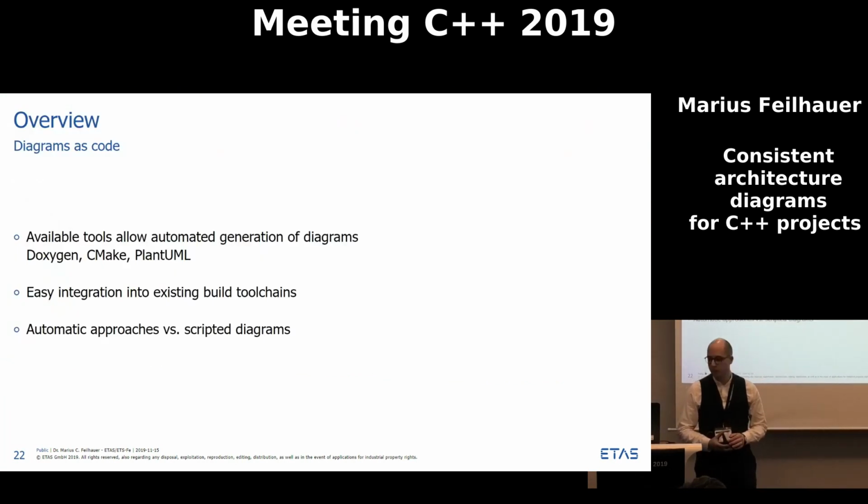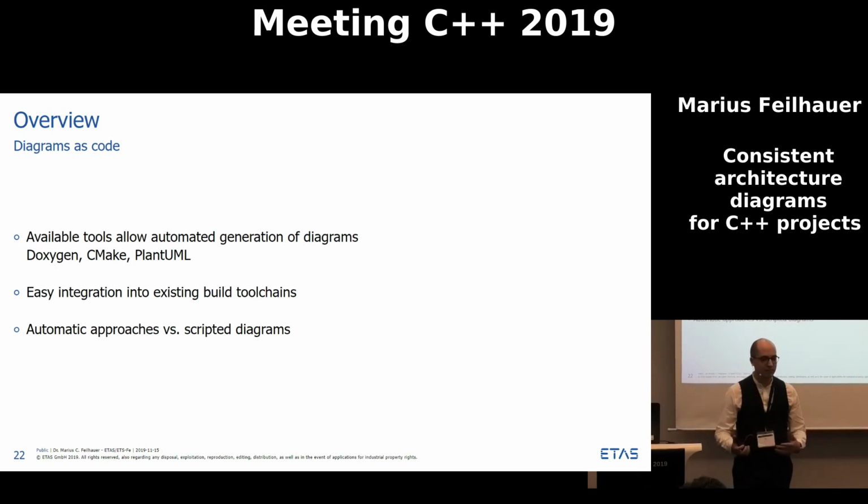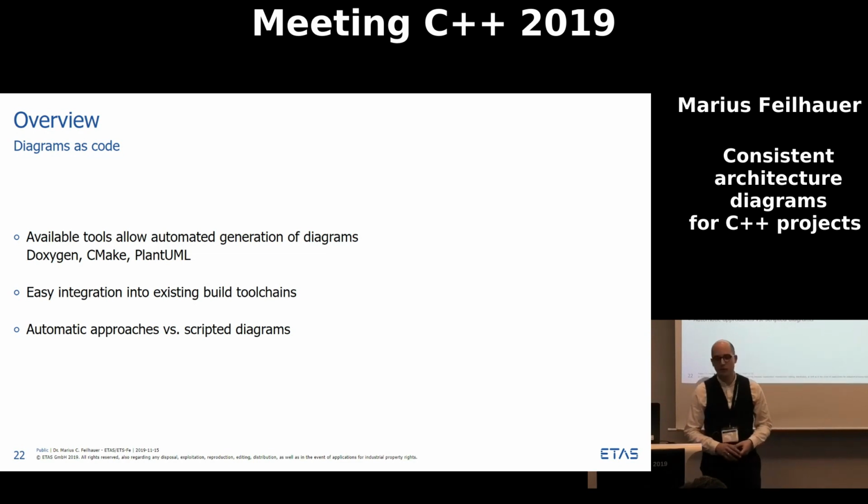Many of you are probably using Doxygen for creating documentation more or less automatically, CMake as a build tooling, and PlantUML for drawing UML diagrams. They are all available. Many of you might use them already, and they are easy to integrate into existing tool chains. So we're using them on our automation pipeline, and they're fitting quite well.